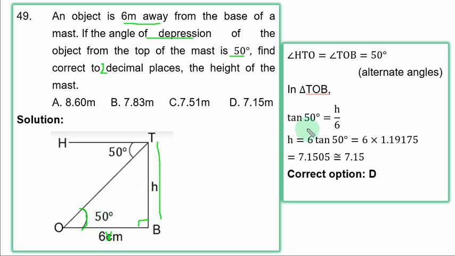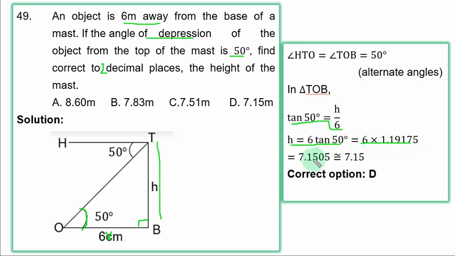We must consider tangent, because tangent defines the ratio of opposite to adjacent. So in triangle TOB, tan 50 degrees is equal to height, that is H over 6, the adjacent. So to get height, simply multiply tan 50 degrees by 6.